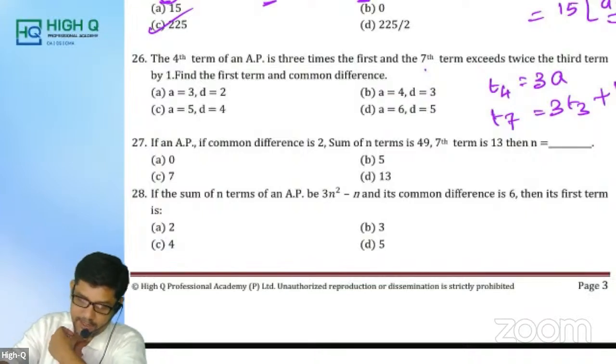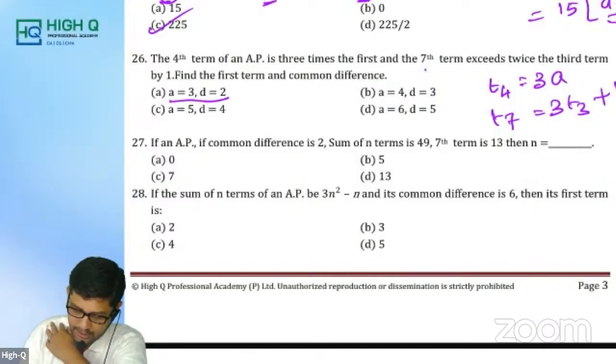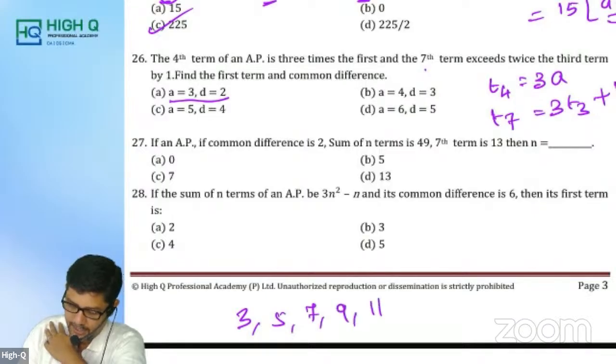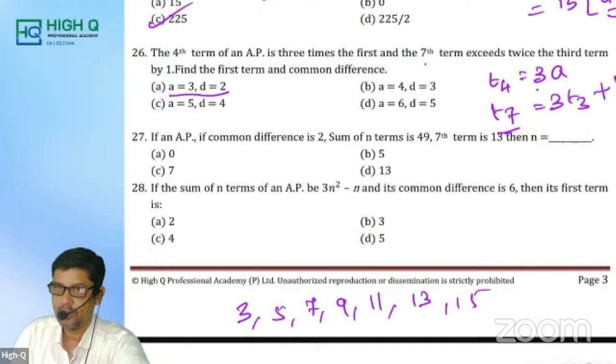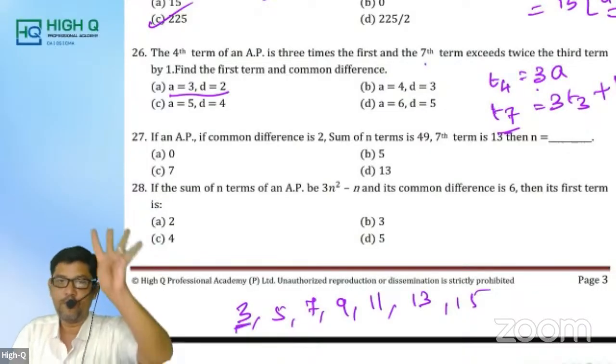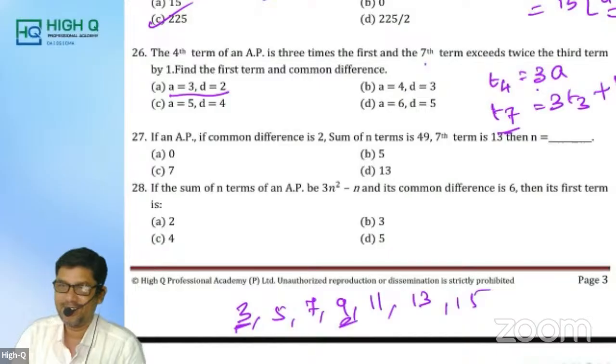Sir, why? By using this, can I form a sequence? What is the sequence? 3, 5, 7, 9, 11, 13, 15. Total up to 7 terms. Now I'm just forming. Look at this. T4 is equal to 3A. A is 3. So the fourth term should be 9. Yes, sir. First condition satisfied.